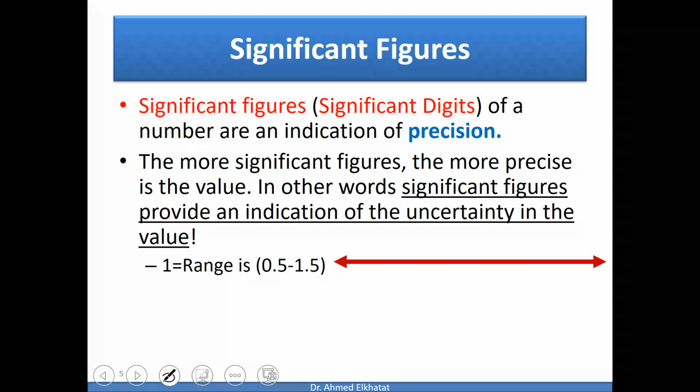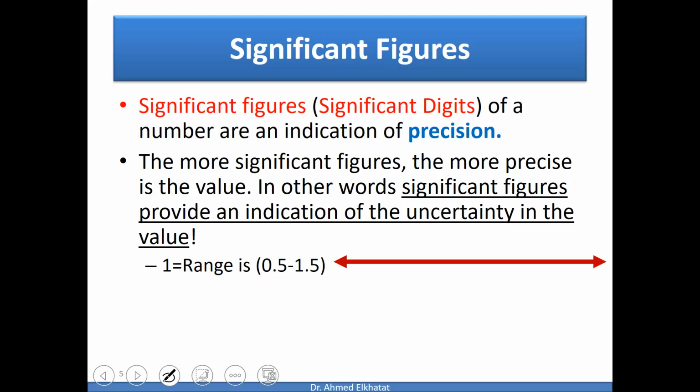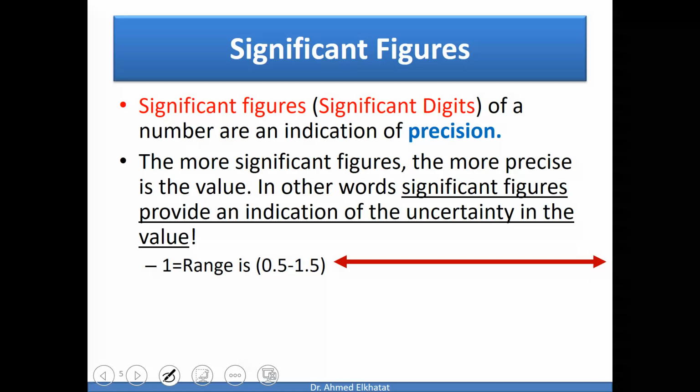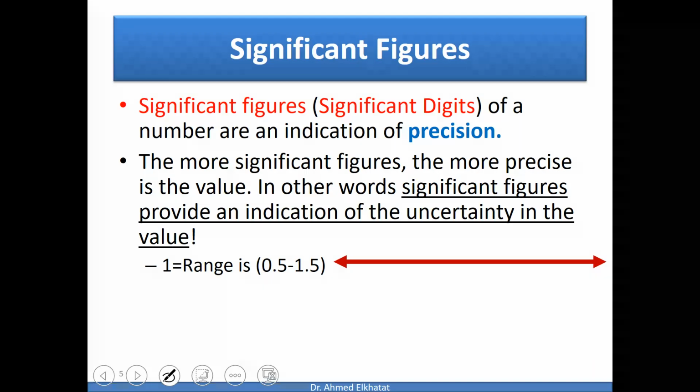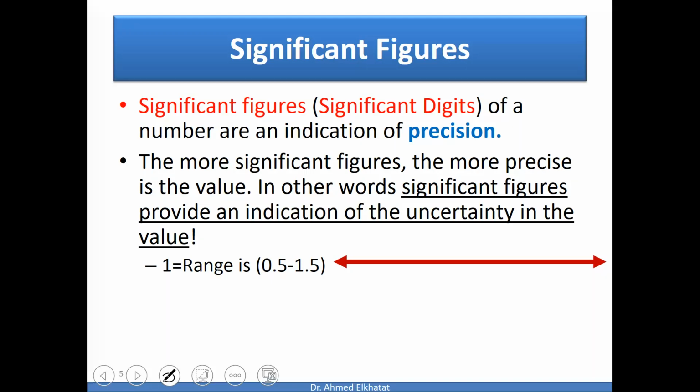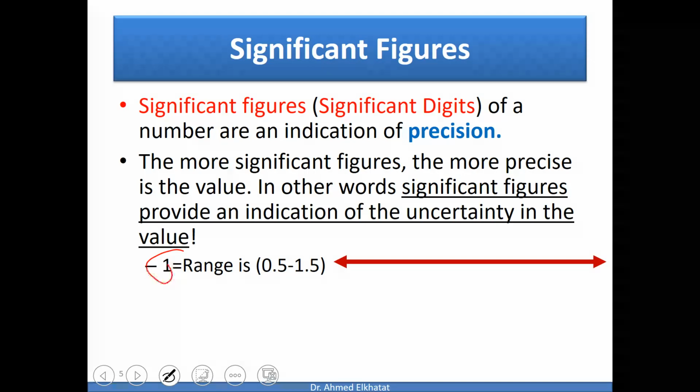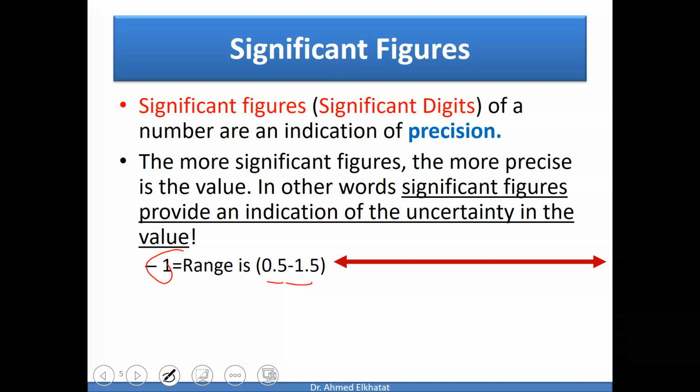You can say 1.49999, so it's less than 1.5, but 0.5 is included. So you can see we have a wide range. If I say I have 1 as one significant figure, that means I have this range between 0.5 and 1.5.